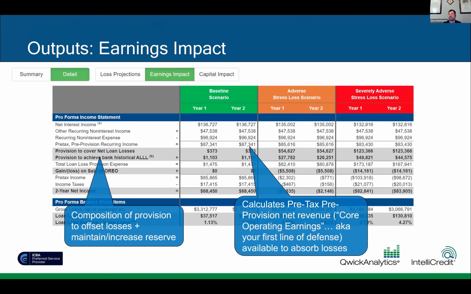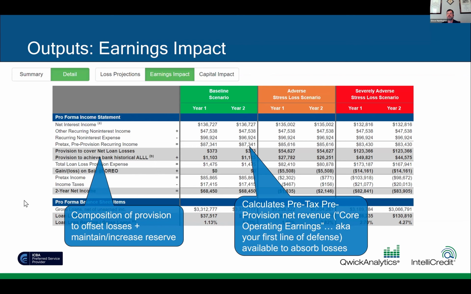And then the aptly color-coded blood red, severely adverse scenario, which is very much designed to be probably even worse than a worst case scenario, where we assume that you're going to absorb losses worse than 90% plus or minus of your peers did during the worst two to three year period that we have on record throughout your entire portfolio, as well as have to get reserves up to an extremely high level and probably absorb some significant losses on the sale of OREO.